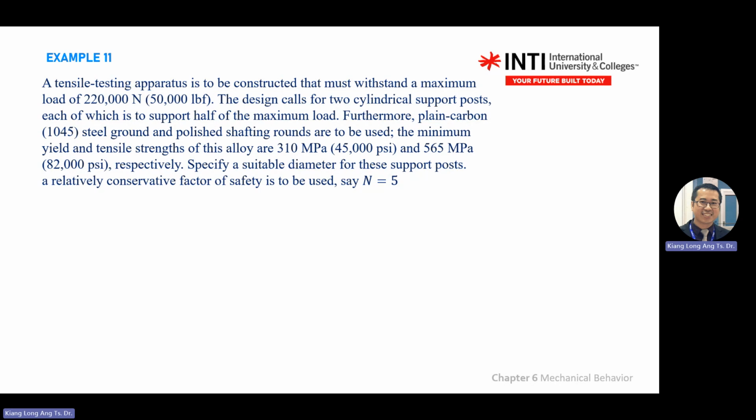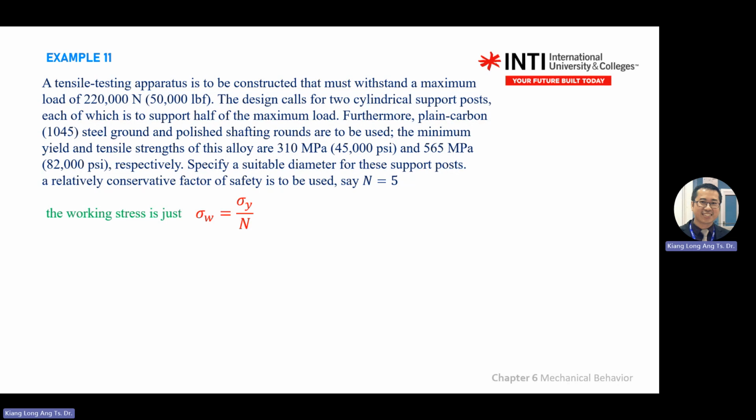A higher value of FOS is more conservative, or you might have over-designed the thing because you need more material to sustain the load. So the working stress will be the yield strength divided by N, or N will be yield divided by working stress. Working stress is the one that you tell your customers.